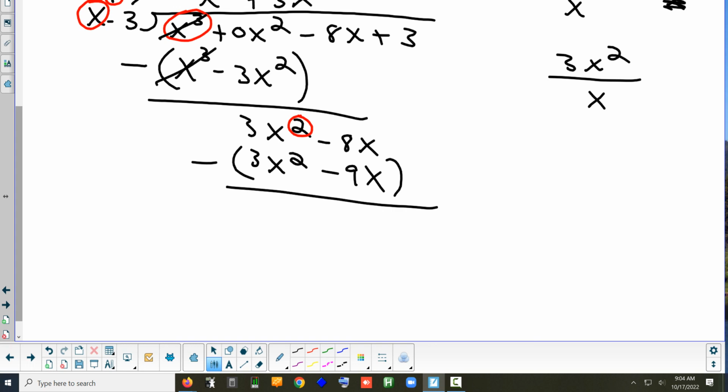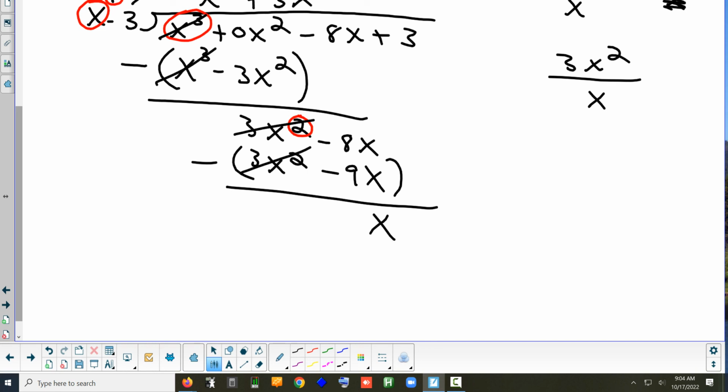Same thing we just did up above. These are always going to cancel. 3x squared minus 3x squared is gone. And Jazara, what's negative 8x minus negative 9x? Just 1x, because minus a minus becomes a positive. All right.